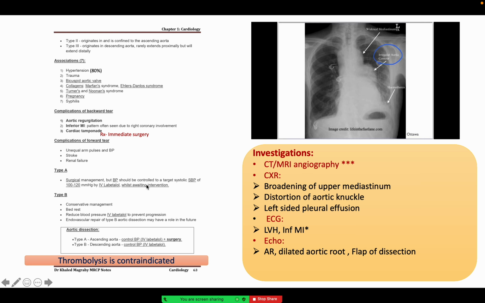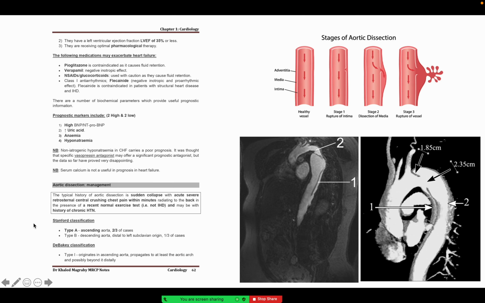Okay, now what is the treatment of this patient? Before treatment, we have to think about where the lesion is present, whether it is type A or type B. Type A means it is in the ascending aorta, and type B means it is in the descending aorta.